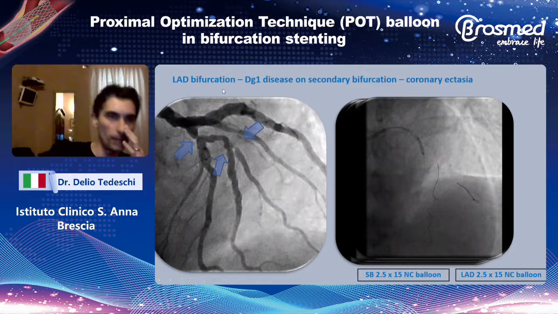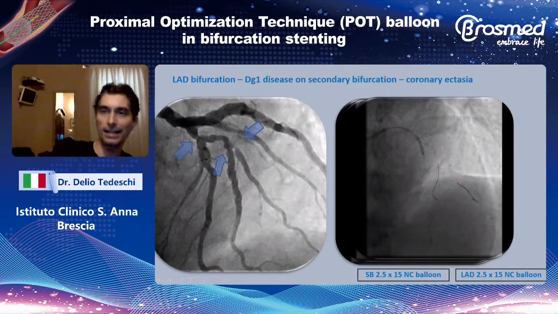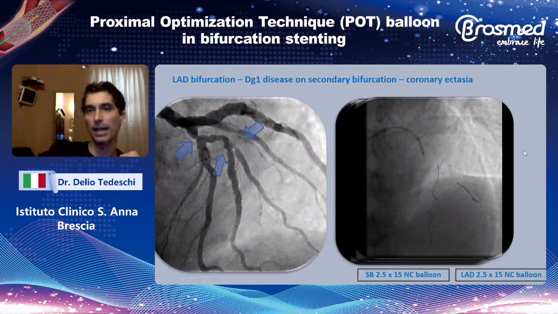So I decided to prepare the LAD with a 2.5 non-compliant balloon, and the diagonal branch with a very, very long preparation with a 2.5 non-compliant balloon, in order to evaluate the result after a balloon treatment of the diagonal branch.